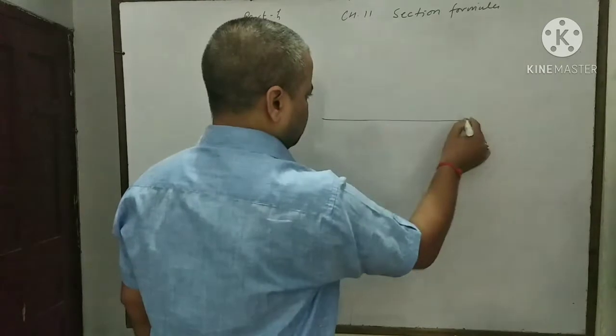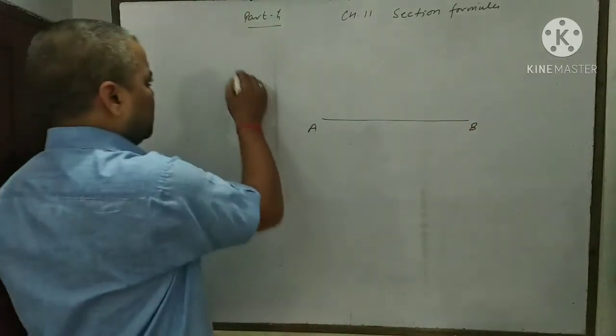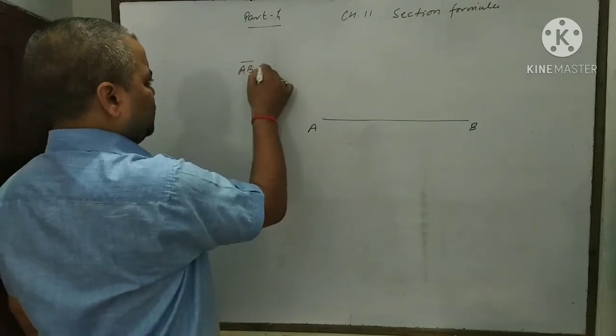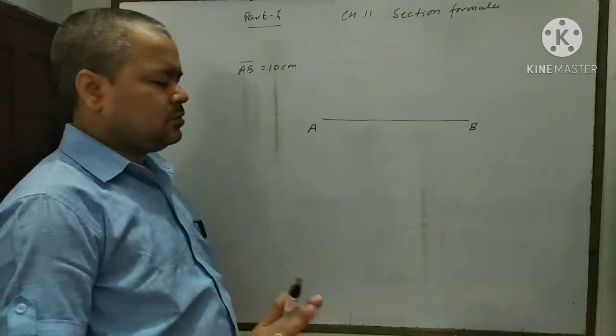Let this be a line segment AB, a line segment AB whose length is 10 cm. Very simple chapter. Listen carefully.